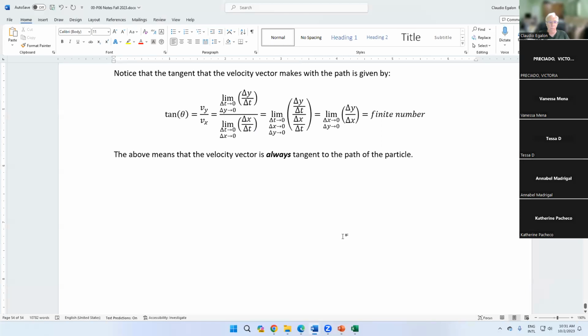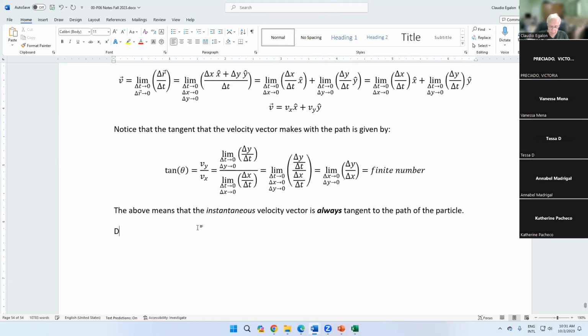Always. The instantaneous velocity is always tangent to the path of the particle. And that's where we come to the point that we can define the average acceleration vector.